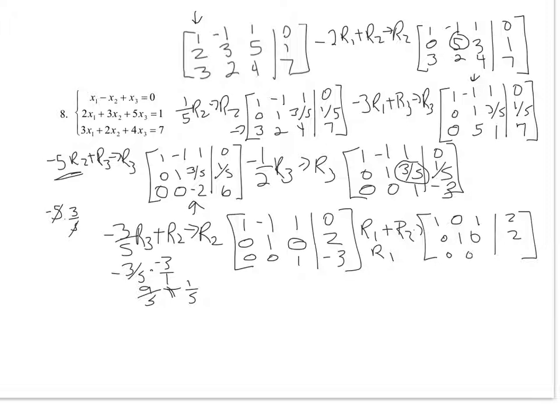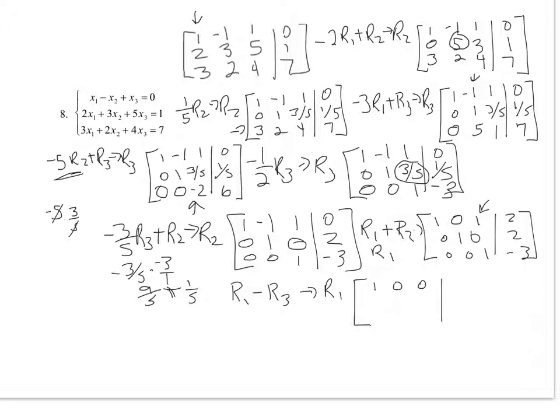Third row does not change. And the very last thing that needs to change is this element right here in the first row. And I can make that become a 0 if I subtract row 3 from it. So if I do row 1 minus row 3 and make that my new row 1, I will have 1, 0, 0.